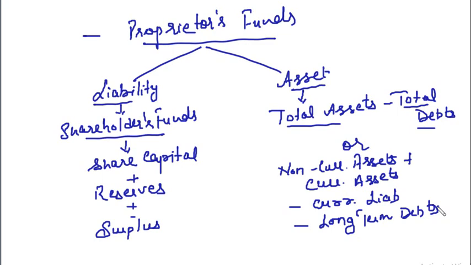Clear? So if you have to calculate the proprietors funds, you have two approaches. Either you go with the liability approach, where you take the share capital, reserves and surplus. Or you go for the asset approach, where you calculate total assets minus total debts. I have further broken this formula into two parts. Total assets consist of non-current assets and current assets, and total debts consist of current liabilities and long-term debts. Clear?